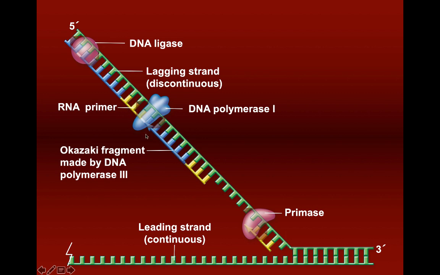There's always going to be a little bit of a break there in the backbone where you're missing phosphodiester bonds that normally link nucleotides together. So this enzyme up here, DNA ligase, its job is to come in and create a new phosphodiester bond here where the previous RNA primer had been removed and the new DNA had been synthesized. This break is then sealed by DNA ligase, and the same with all the others that are going to occur all the way on down the line with this piece of DNA.